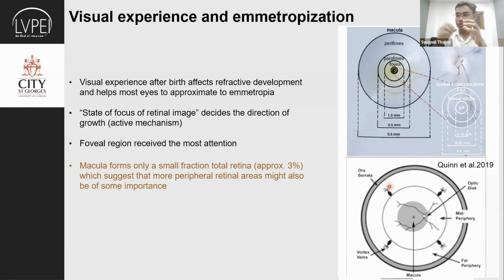So from this figure, we can consider that the macula is only 3% of the whole retina, and the major part is the peripheral retina. Which brings us to the notice that since it belongs to the major part, it plays an important role in refractive development.